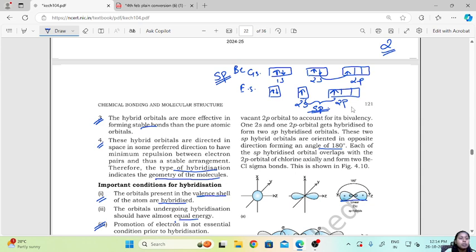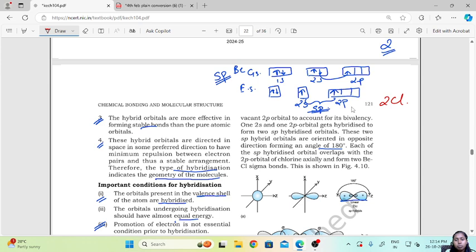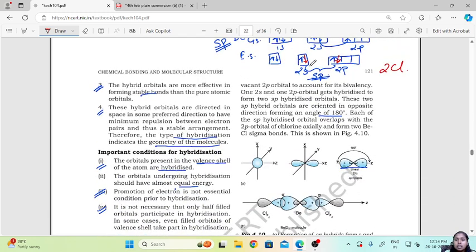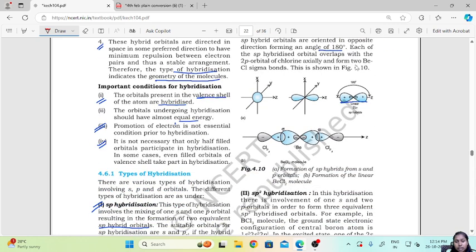So to balance them out, we take two chlorine atoms, and each chlorine atom donates one electron to these singly occupied orbitals. Now both the s orbital and p orbital are filled, so that will give you a linear chlorine-beryllium structure. So this is how sp hybridization is.